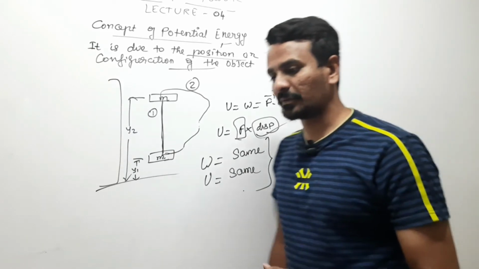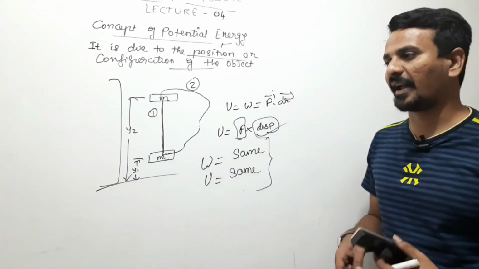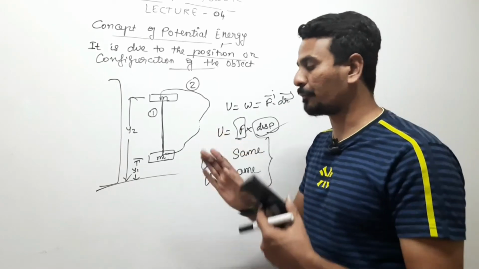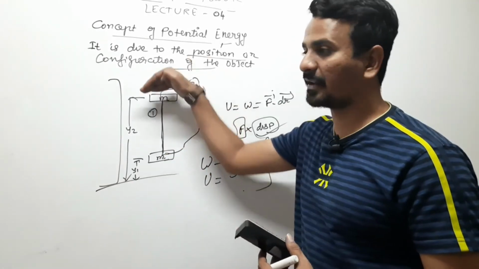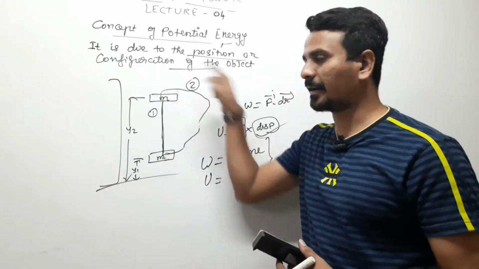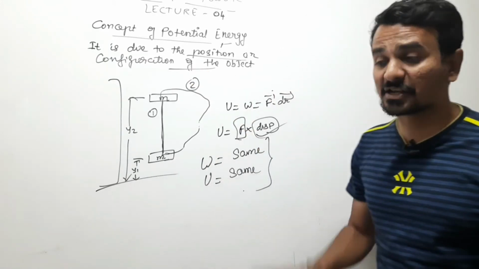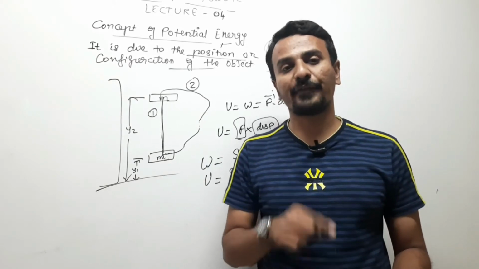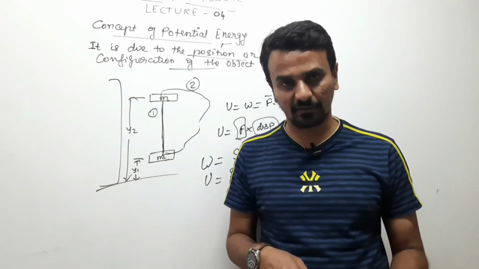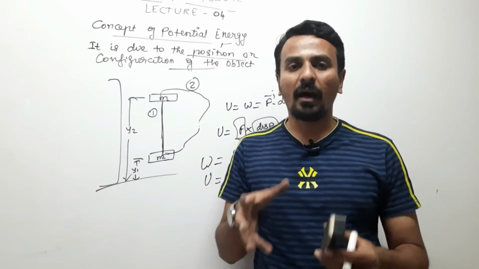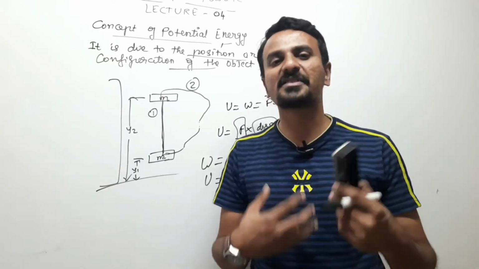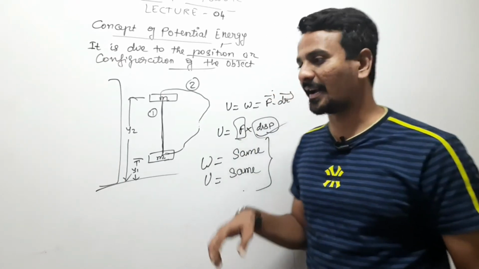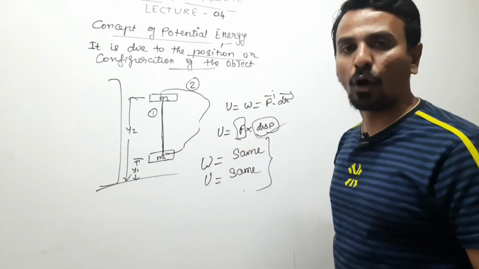Now the question might arise: if you take an object by the short route and then by the longer route, you will get more tired. That is definitely correct practically, because in practice we cannot ignore friction or air resistance. Because of this we have to put in extra effort, and that is why we get more tired when taking it by a longer route.